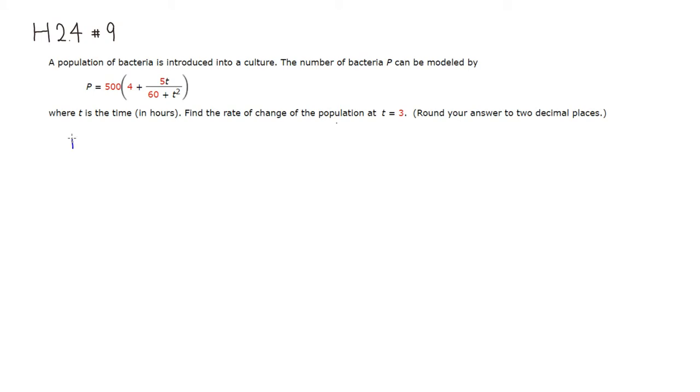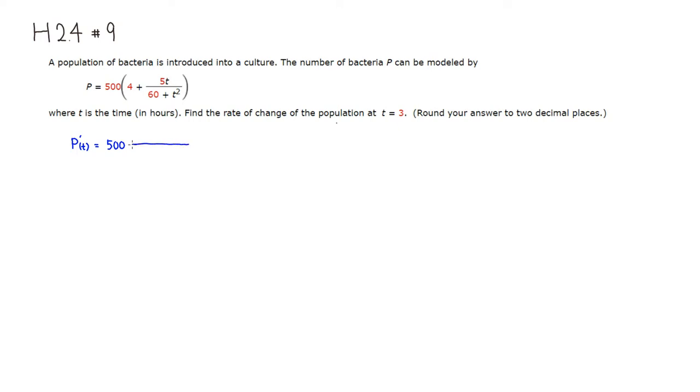So we have P prime of t is equal to, alright, so 50 is a constant, 500 is a constant multiple, so I'll just leave it outside. The derivative of 4 is 0, and then for the derivative of this quotient, we have to use the quotient rule.